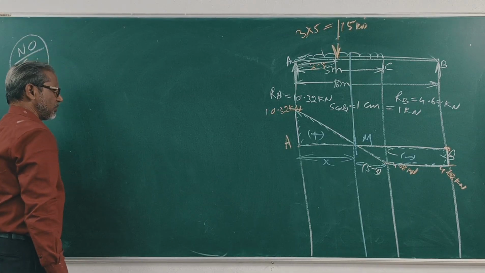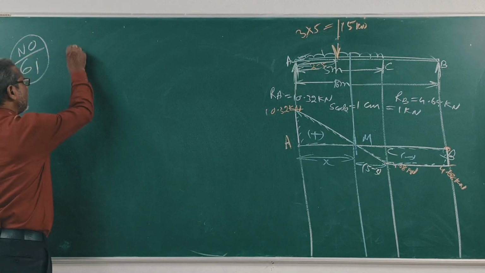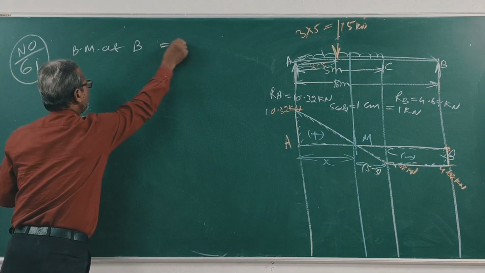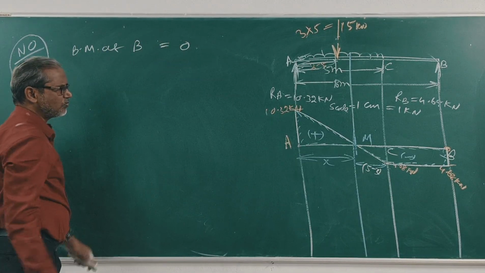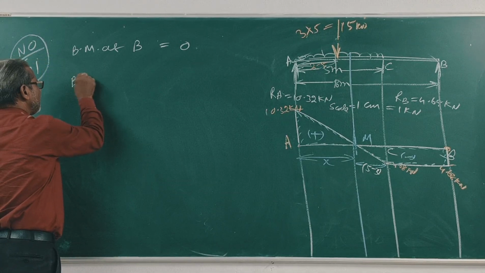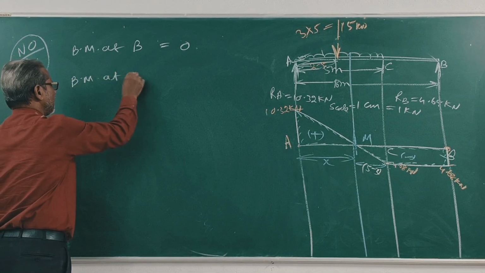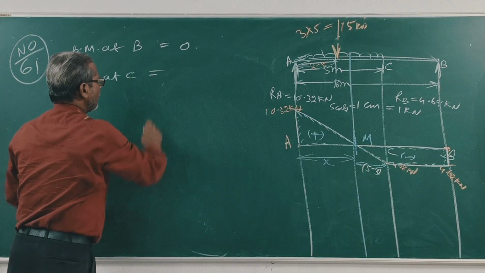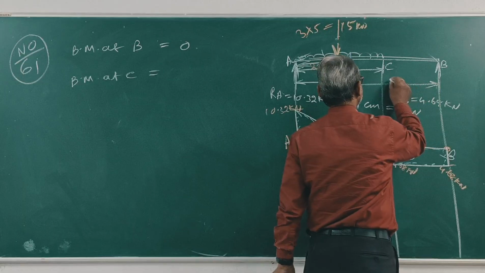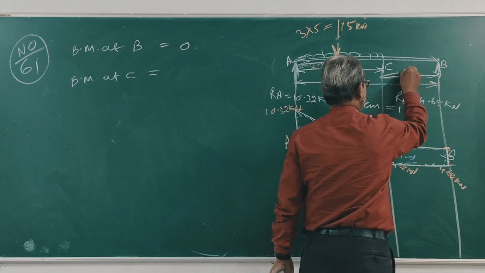Now BM calculation. At B, bending moment at B is 0. Clear? At C, BM at C is RB into 3.